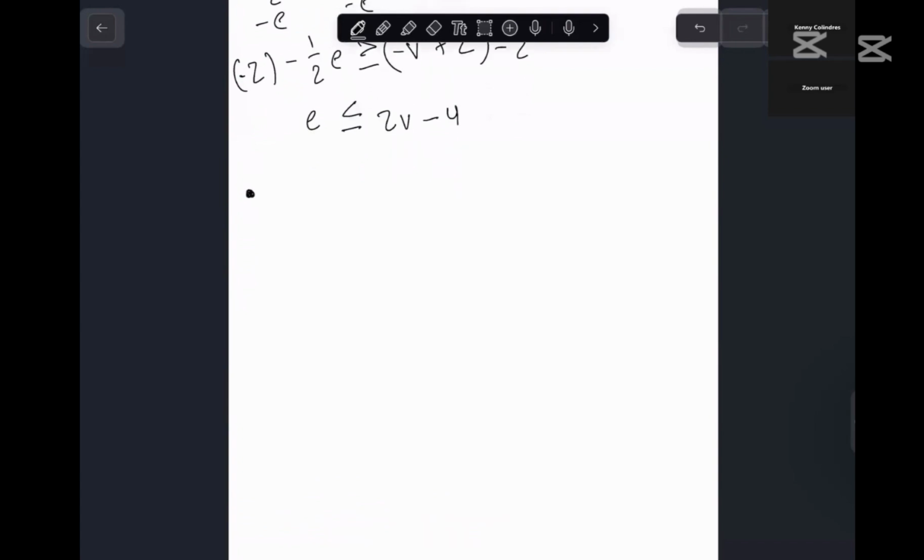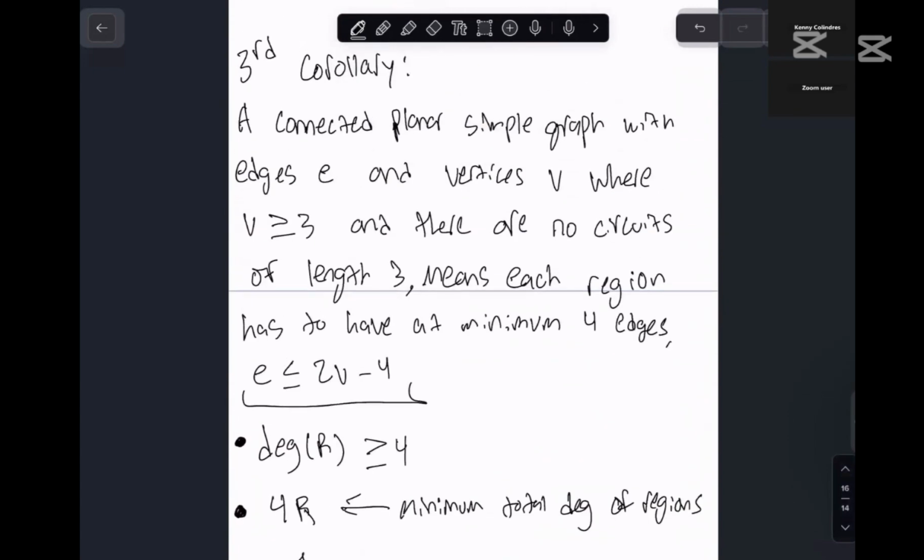And what I'm going to do is once again bring back the complete planar graph K4. So let's draw this real quick. Boom. And this is actually an example that would not hold according to this, because the third corollary states that there are no circuits of length 3. So if there are no circuits of length 3, then that's when this holds.